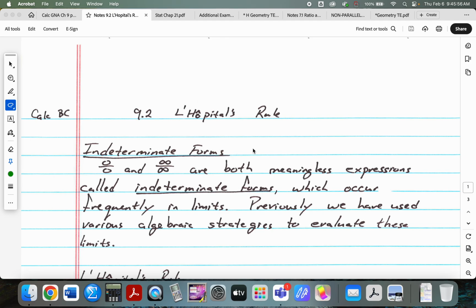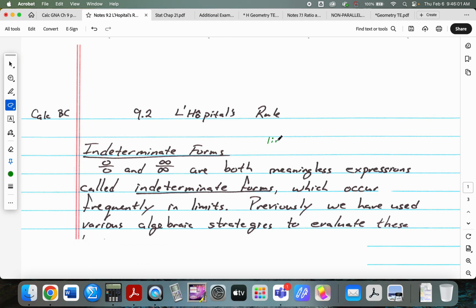In fact, if you wrote that the limit as x goes to 0 of sine of x over x is equal to 0 over 0, you will incur the wrath of the graders because you're saying it's equal to something that doesn't make any sense, right?